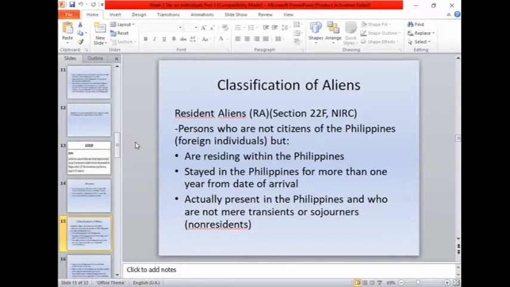And they are not here in the Philippines as sojourners or transients. We say transients or sojourners, they are tourists. So they are not here as tourists. They stayed here in the Philippines for too long, for more than a year, for a reason.